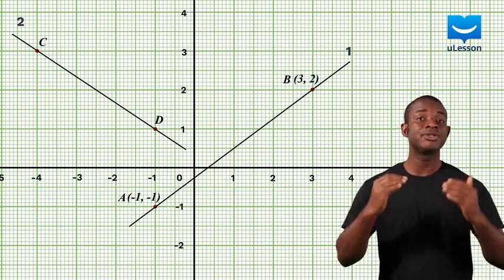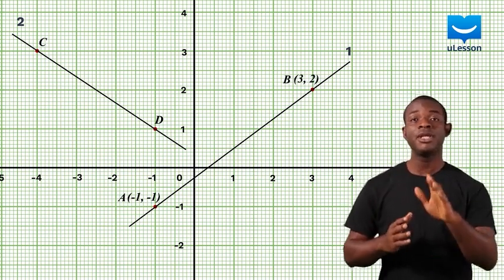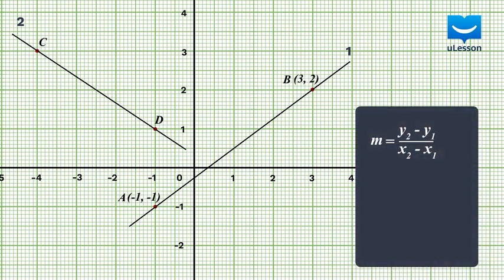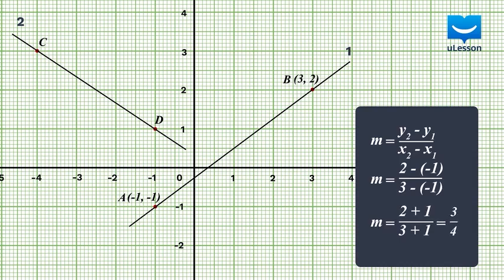We simply substitute the corresponding coordinates into the formula for gradient. Hence, gradient is equal to (2 minus -1) over (3 minus -1). The gradient is equal to (2 plus 1) over (3 plus 1), which is 3 over 4.